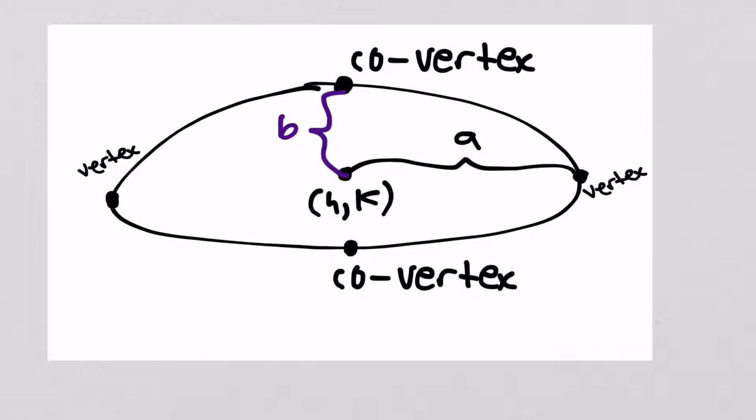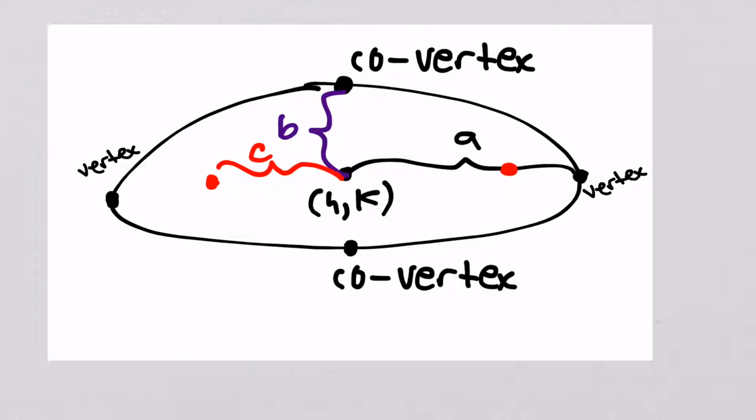And yes, there are two vertices and two co-vertices. But additionally, we have those points in the middle called the foci. We have one focus, in this example, to the left of the center and one focus to the right, so we have two foci. And the distance from the center to a focus is called c.